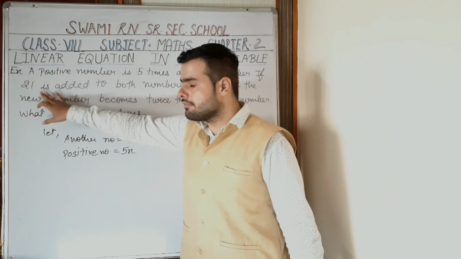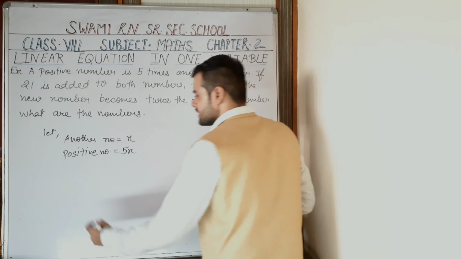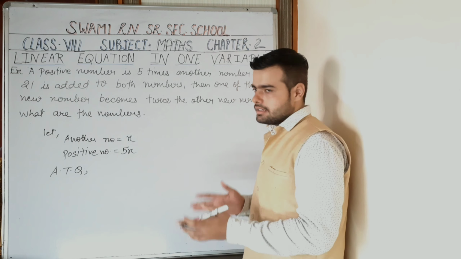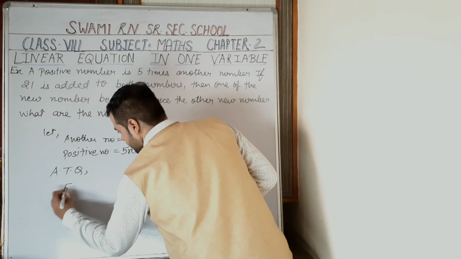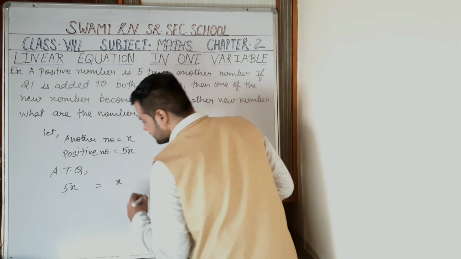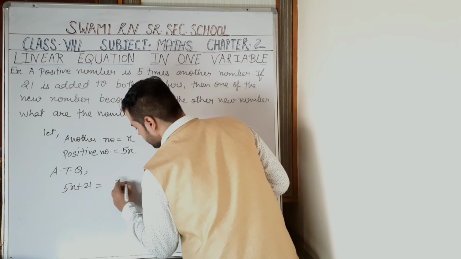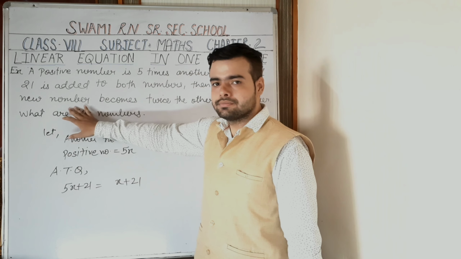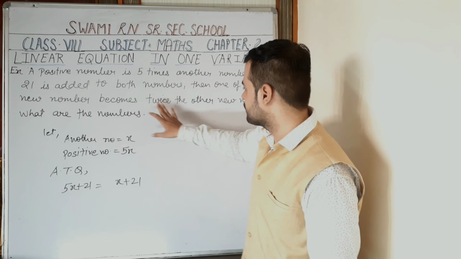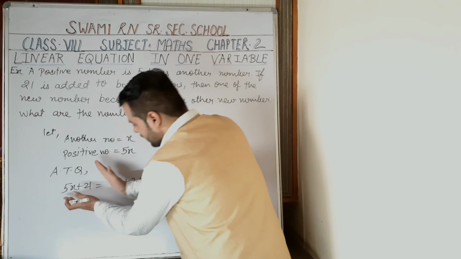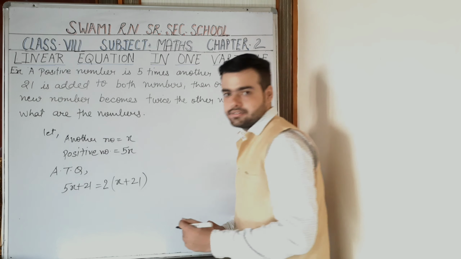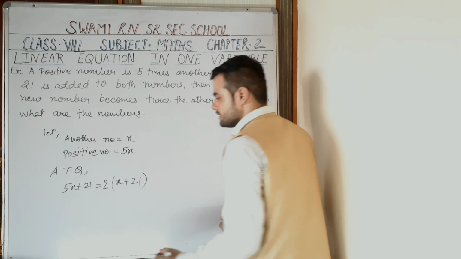Now if 21 is added to both, according to the question, we have to add 21 to both, then one of the new numbers becomes twice the other new number, meaning of the two new numbers, one is twice the other. Now we have to solve it.